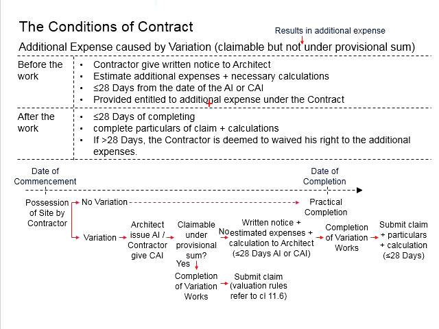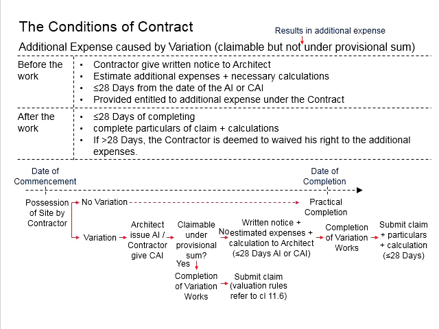With that, the contractor will need to submit a written notice plus the estimated expenses plus the relevant calculations to the architect within 28 days from the architect's instructions or the confirmation of architect's instruction.